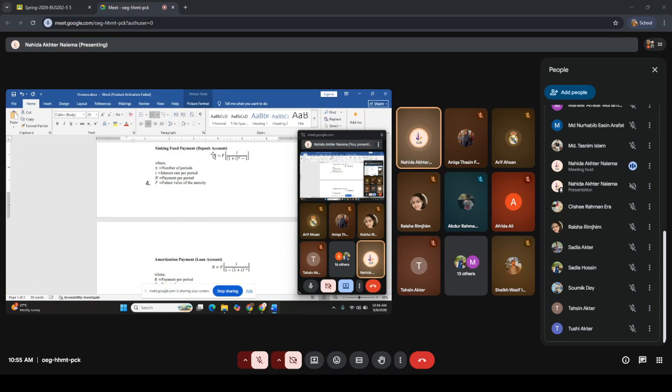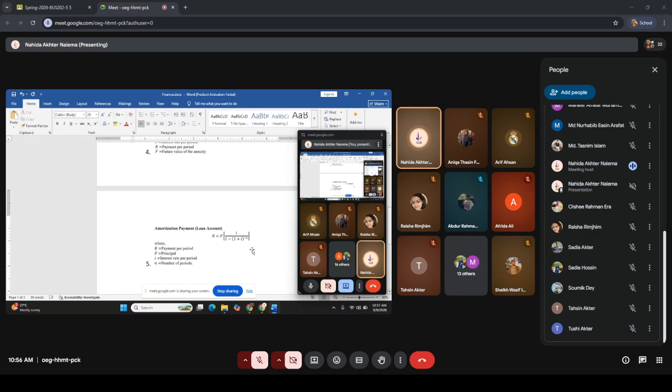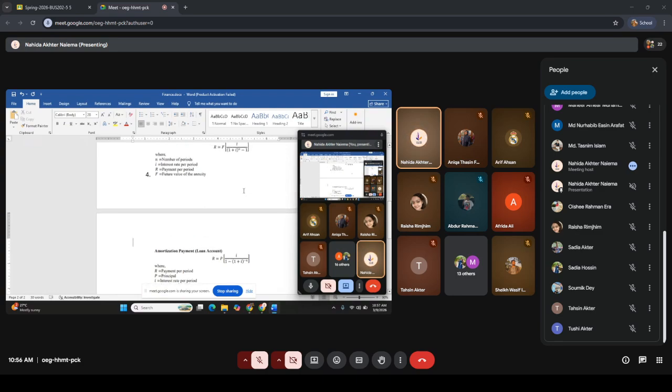So monthly we deposit a certain amount, and after a certain period you get a certain amount, a payment. So that is a deposit account. And in a loan, we take a certain amount, and after taking it, monthly we keep on returning an amount. So that is basically the amortization loan account.